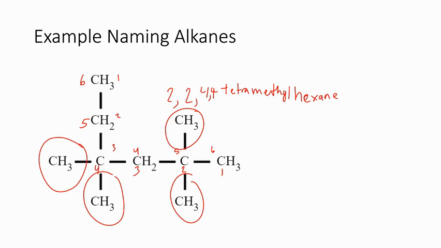These are all methyl groups, so we are going to call this 2,2,4,4, then a dash, tetra, because there are 4, tetramethylhexane, because it's a 6 carbon chain. So this is just like a board name. You just have to go through your list of rules.